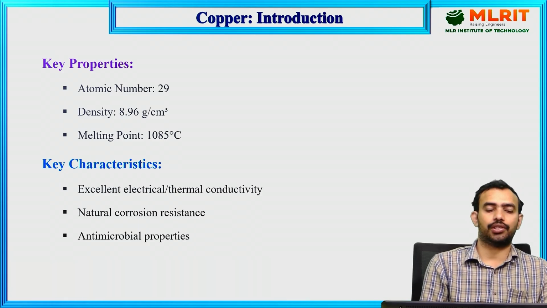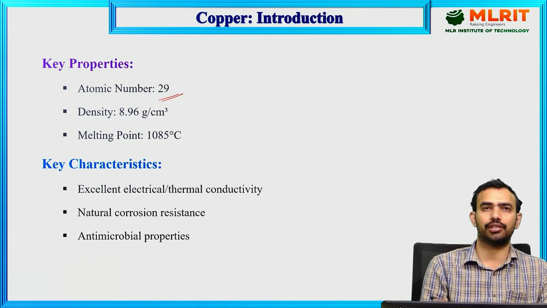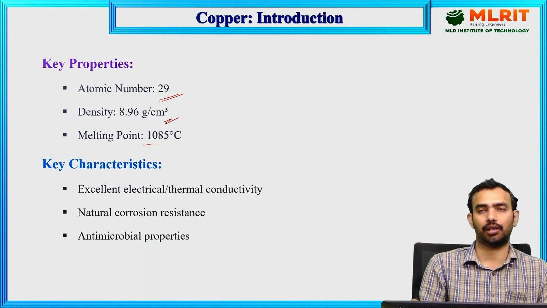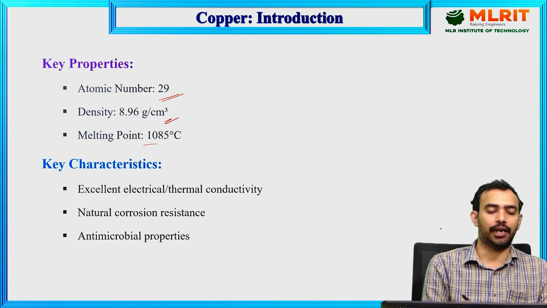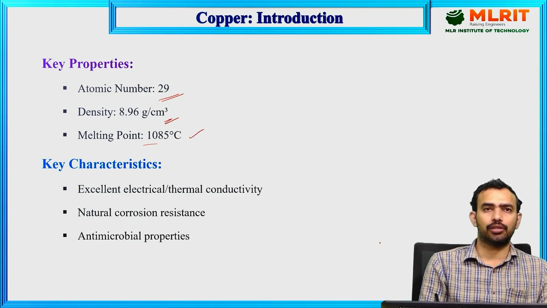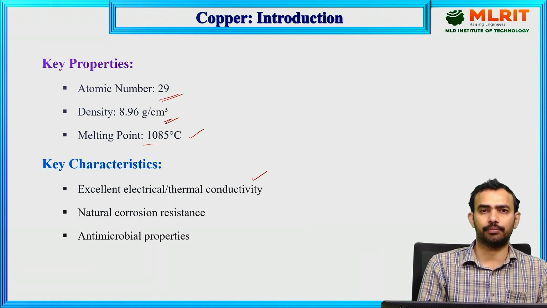Copper, with the atomic number 29, has a density that is very low, 8.96 grams per cc, and a melting temperature of 1085 degrees centigrade. Copper is known for its electrical and thermal conductivity. In most of our household applications, all the household electrical wiring is basically copper.